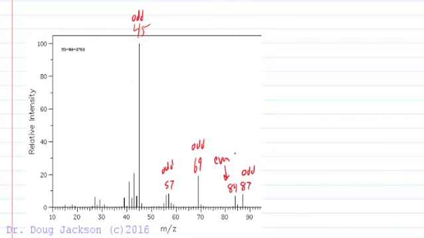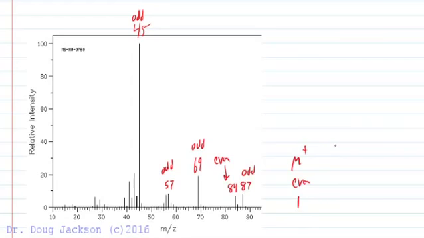We know that unless nitrogen's present, our fragments should be odd and our molecular ion should be even, but we don't see a molecular ion. We need to see an even number somewhere out here that could be our molecular ion when nitrogen is not present. And so we know something's wrong.